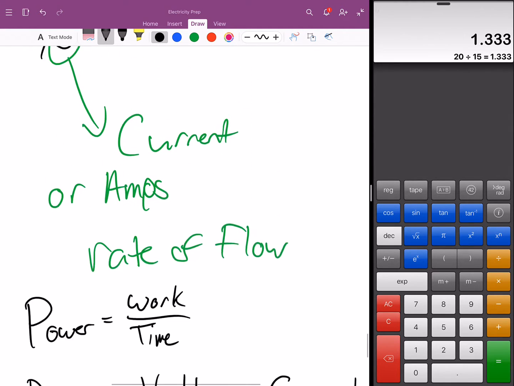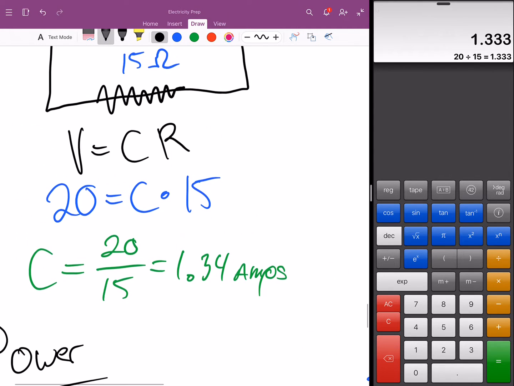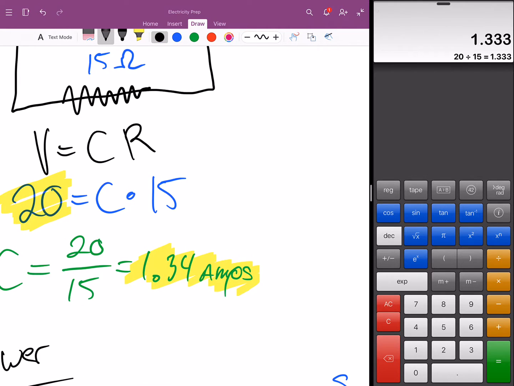Now, going back to the previous example, you had a voltage of 20, a current of 1.34. You bring in power.